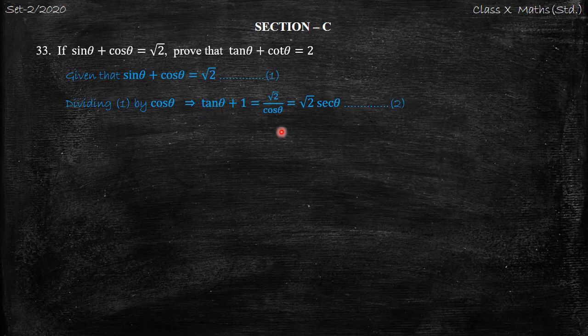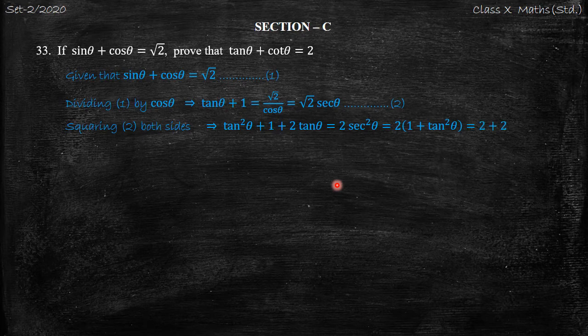Now relation between tan theta and secant theta. You know that 1 plus tan square theta equal to secant square theta. So square both sides. Okay.